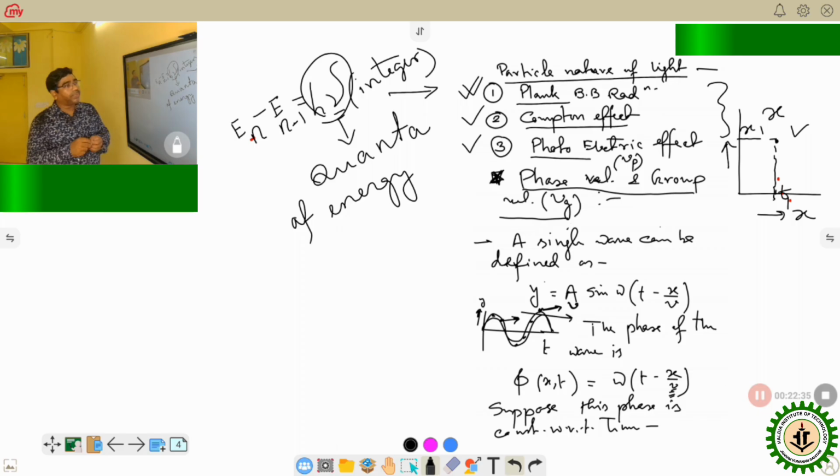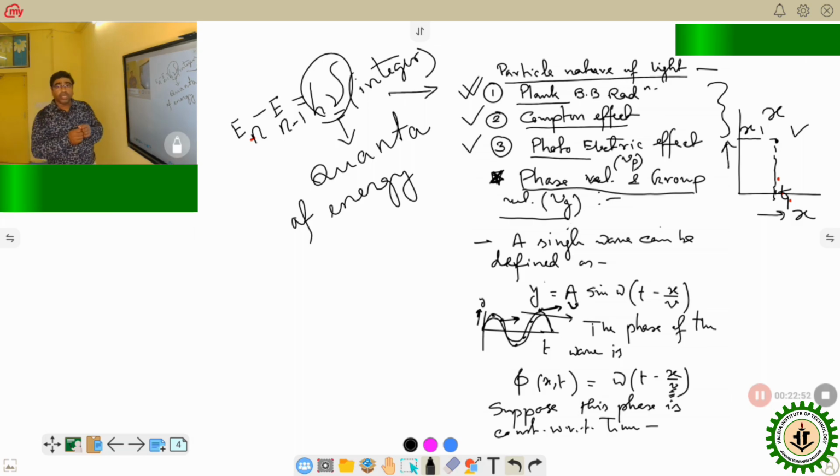So we can relate them only if we can squeeze our waves into a small region of space, and it is not a normal situation where we can consider any wave spread over a small region of space.